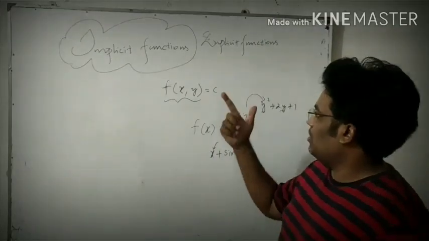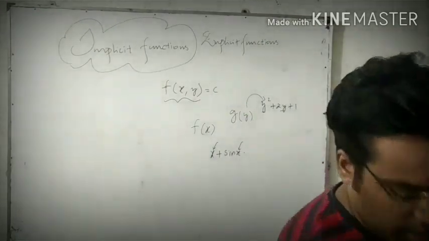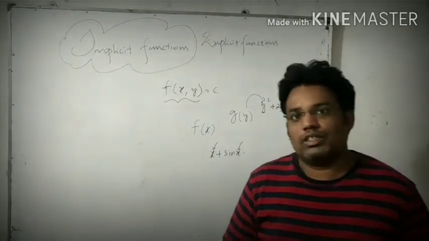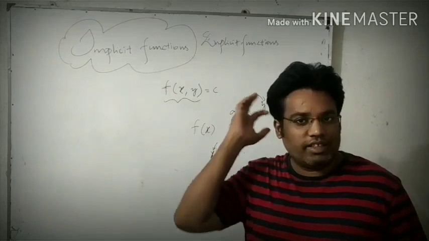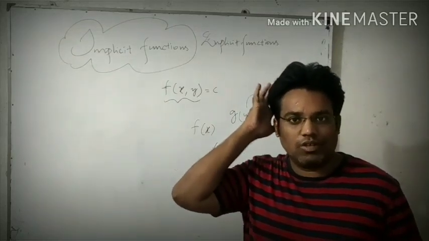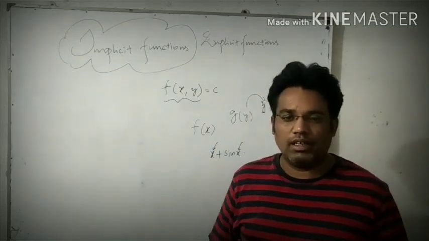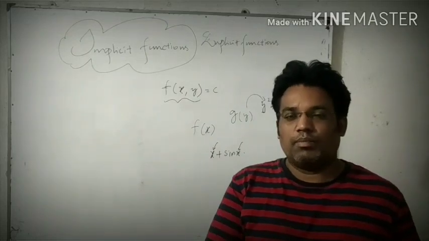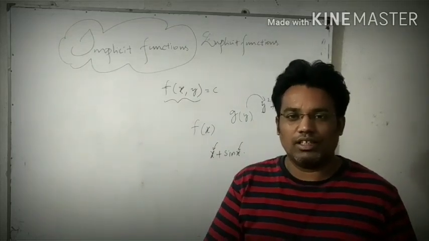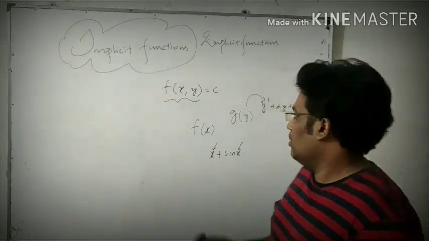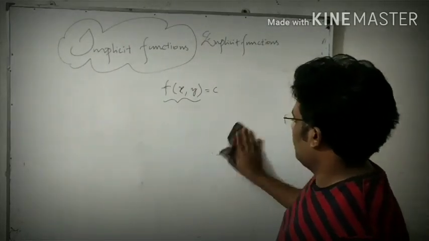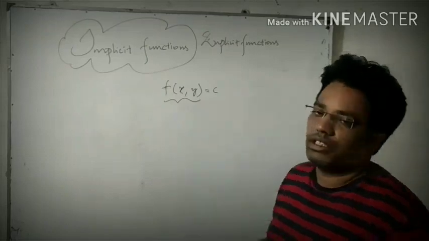So now what is this f of x comma y? F of x comma y indicates a function that has both the variables x and y, like x plus y plus sine x. Such a function is defined as f of x comma y.